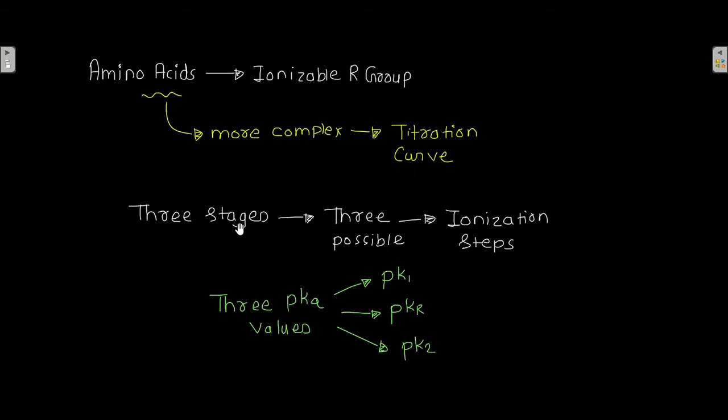So the amino acids which have an ionizable side chain, which have an ionizable R group, have a more complex titration curve, and the 3 stages correspond to 3 possible ionization steps. And that is the reason why in this case there are 3 pKa values which are referred to as pK1, pKr, and pK2.